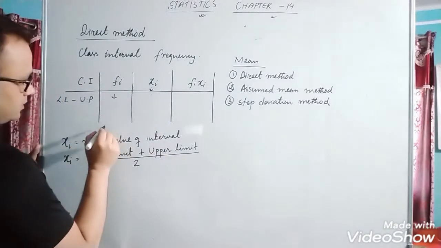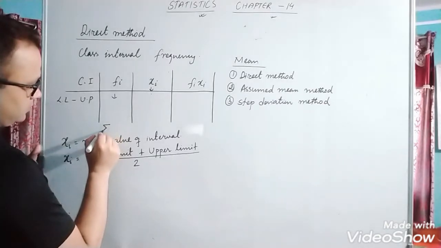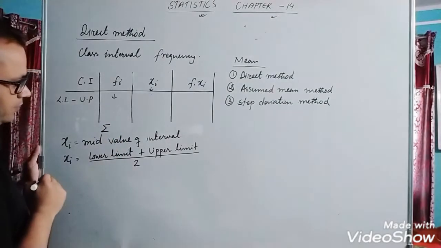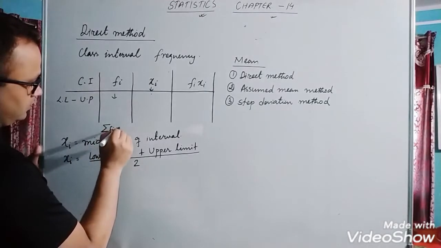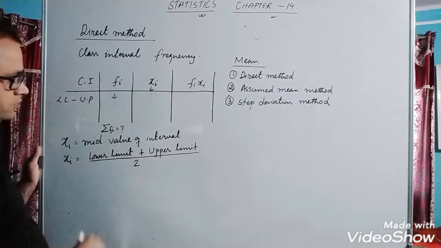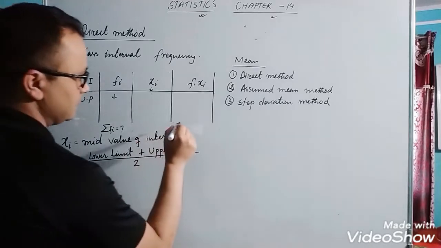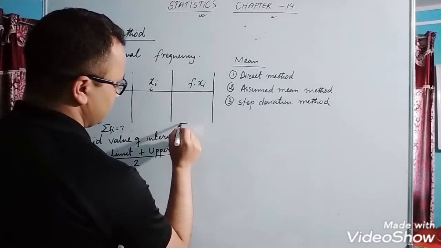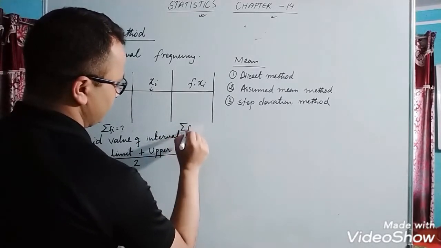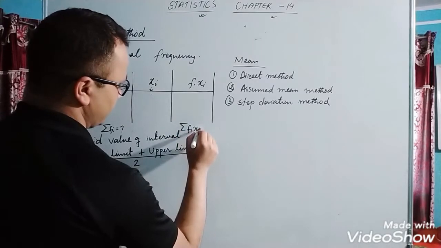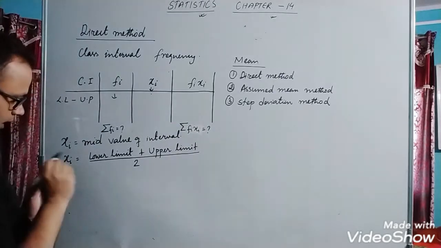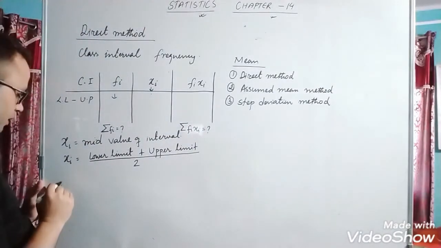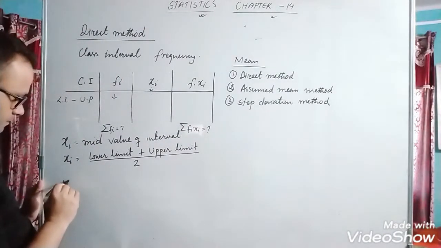In the last row there is the sum of fi. We have to calculate the sum of frequencies of the interval. Here also we have to calculate the summation of fi xi. After that, we can calculate the mean.